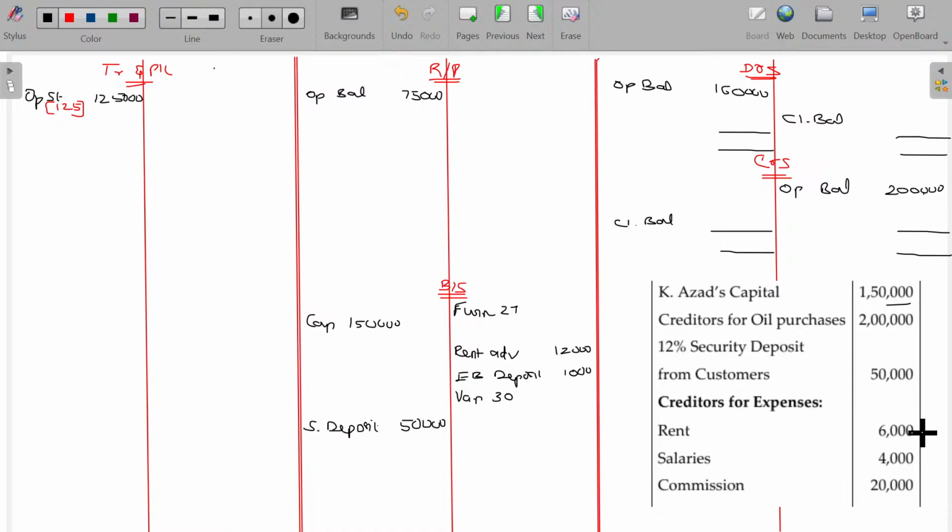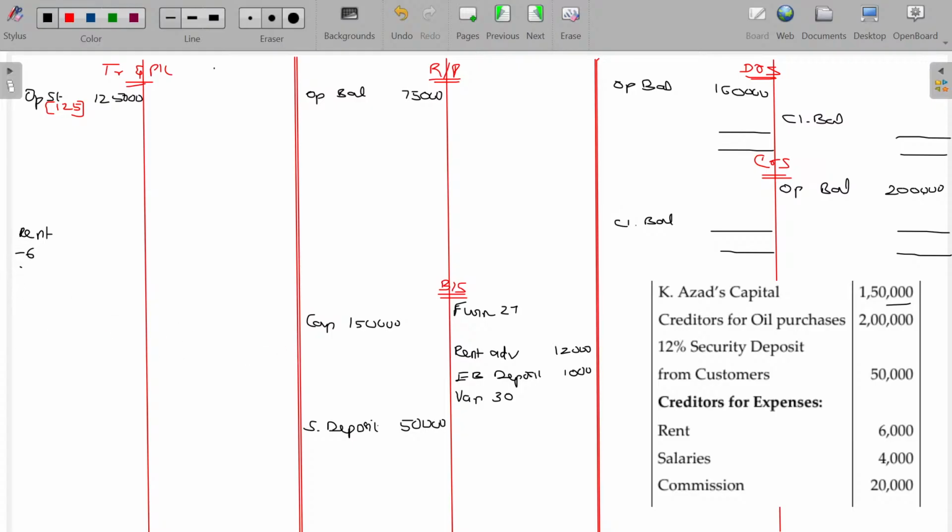Creditors for expenses: rent, salaries, commission. All these things are the previous year outstanding, so they should be subtracted from the current year rental expenses, salaries expenses and commission expenses. Is that clear? So, rent, this 6,000 is the previous year outstanding, should be subtracted.